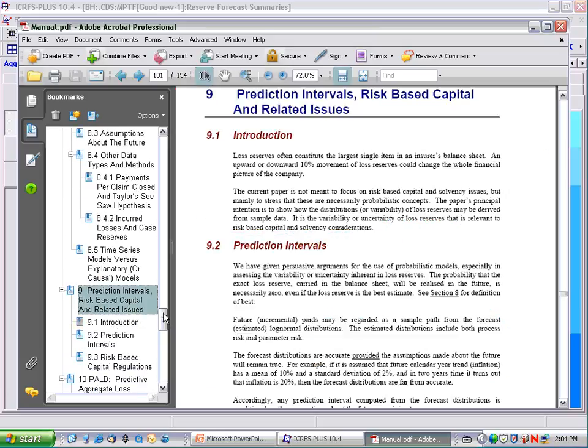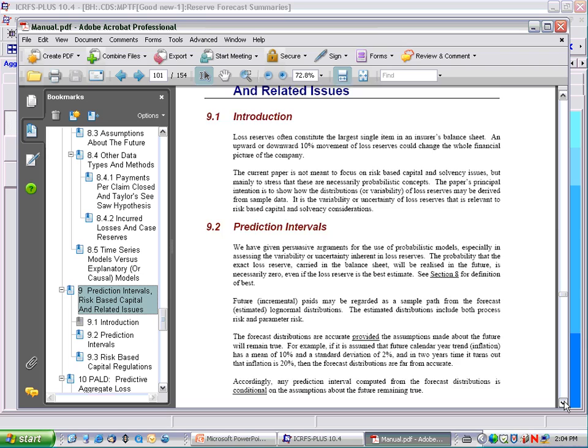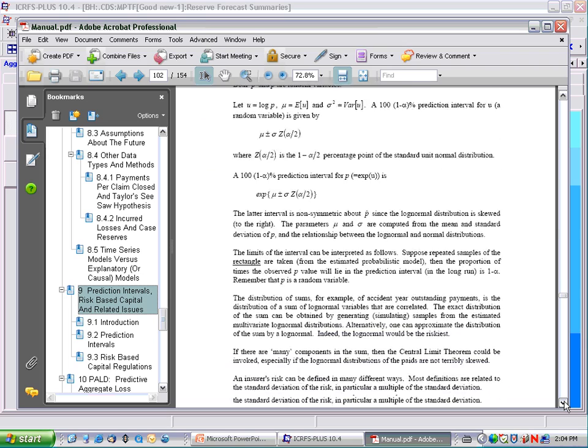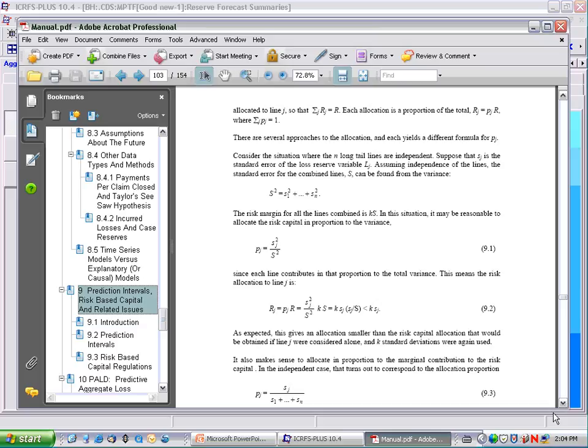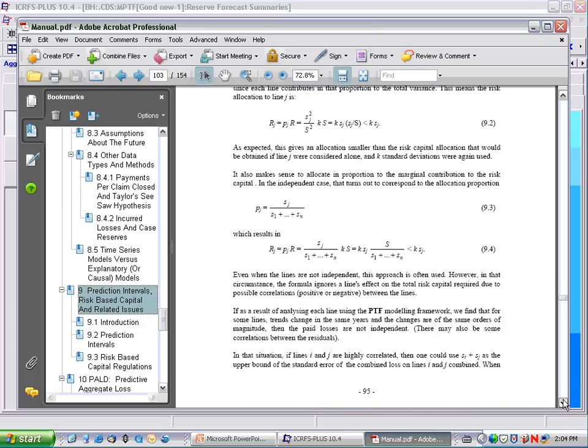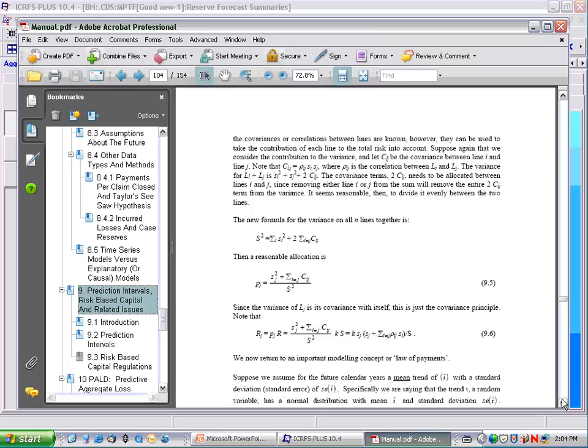When we go there. So here's the formula. There it is.